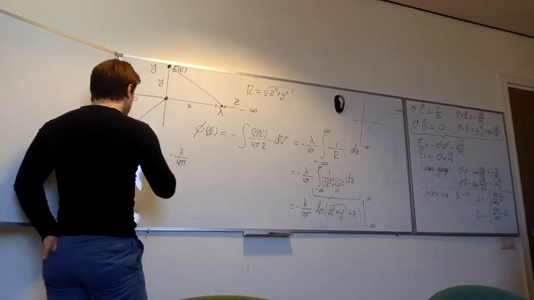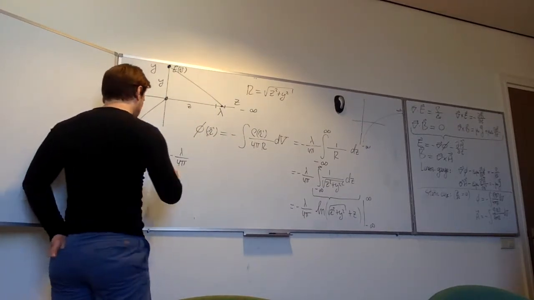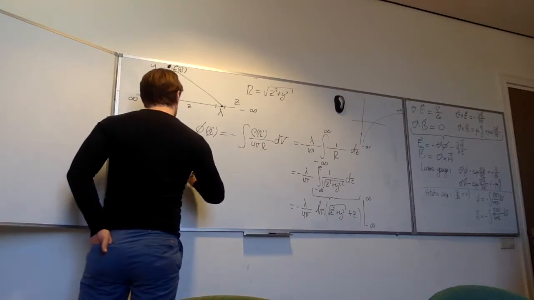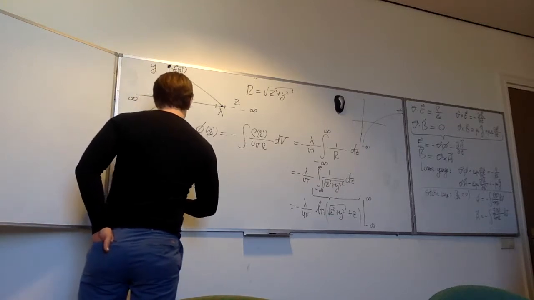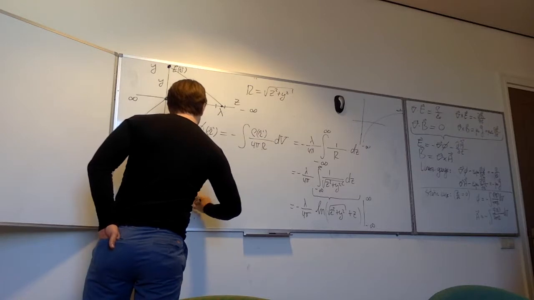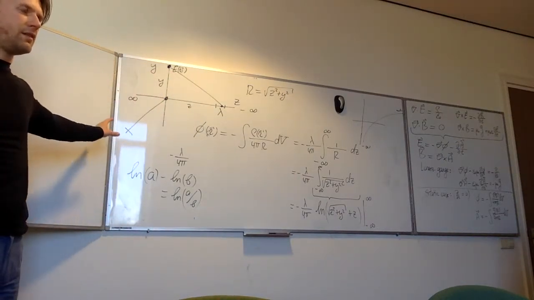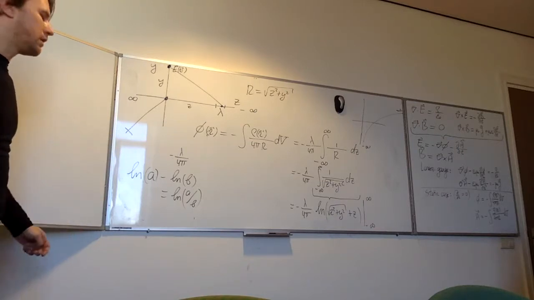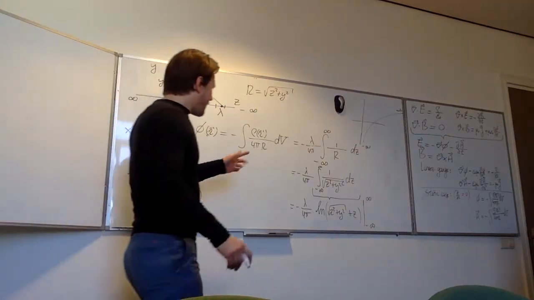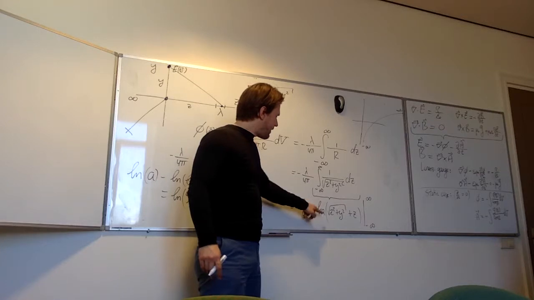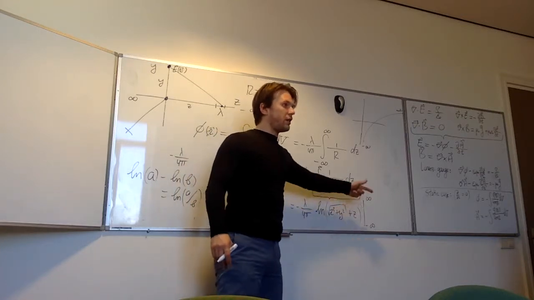Namely, if you use this trick, that the logarithm of a minus the logarithm of b is the same as the logarithm of a over b. You can easily prove that for yourself by taking e to the power of both sides. Now, I have exactly that situation here, because I have a logarithm from which I have to subtract another logarithm.